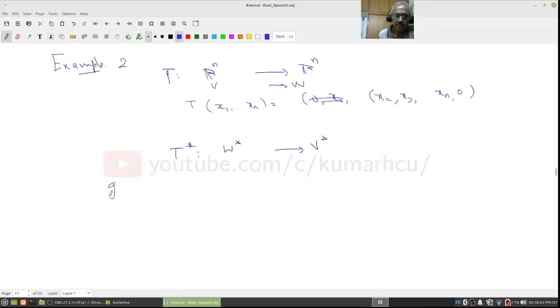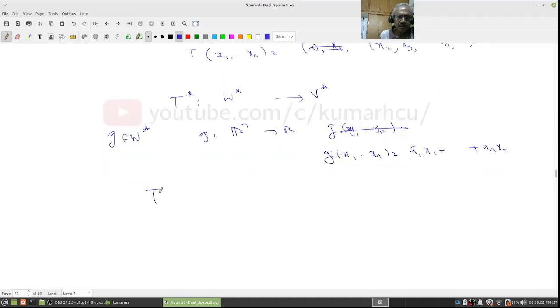Now start with any G in W star. Now G, that means G is a linear map from Rn to R. Then I know G is of the form G of x1 to xn is a1 x1 plus an xn, right? Therefore T star of G, I want to find out, that's going to be a linear map from the domain Rn to R.